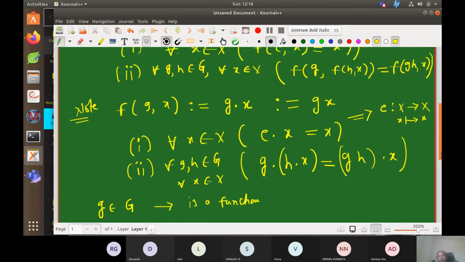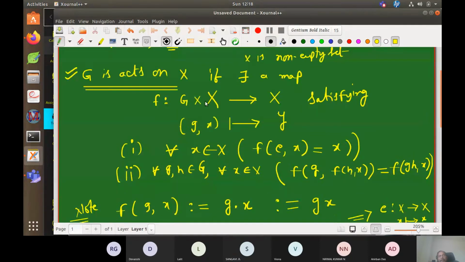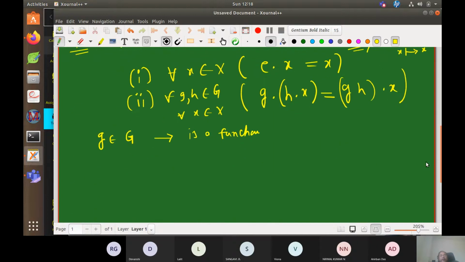If you look at the map, f is a map from G cross X to X. Once I fix g and vary x, it is a map from X to X. That is very clear. So each element we can think of as a map from X to X, but later we'll see which maps they are.